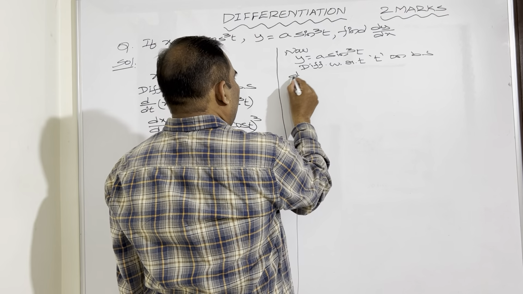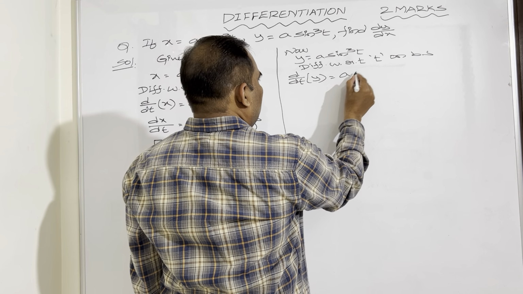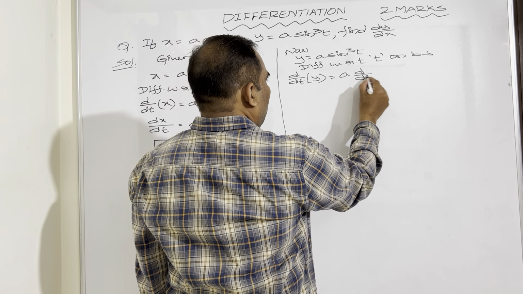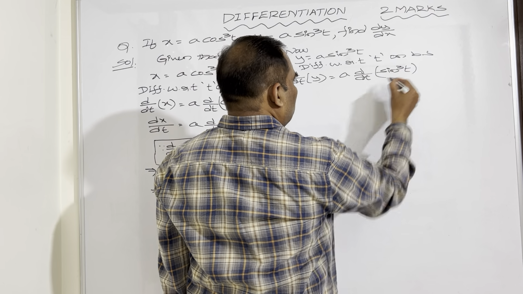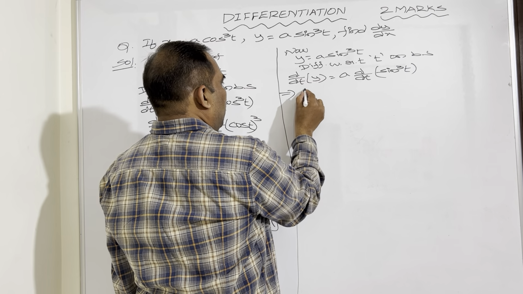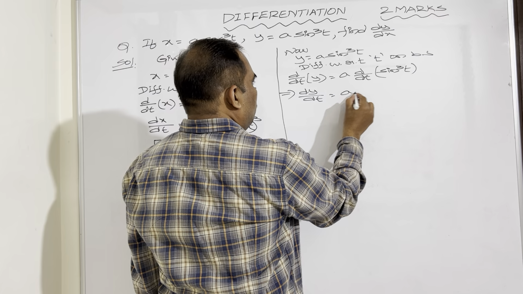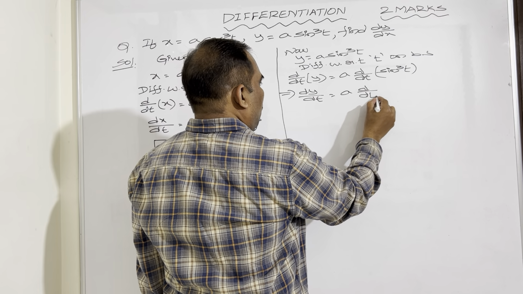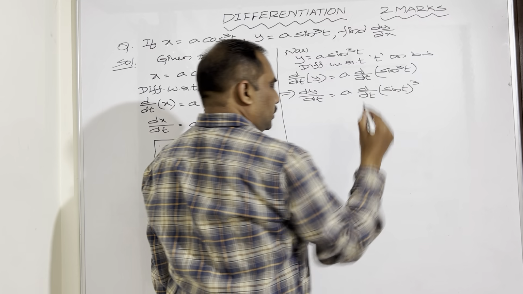So now d by dt of y is equal to, a is constant with respect to t, so a into d by dt of sin cube t. So which can also be written as dy by dt is equal to a into d by dt of sin t whole cube.